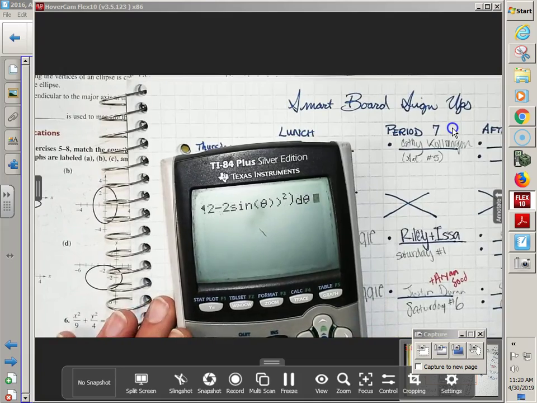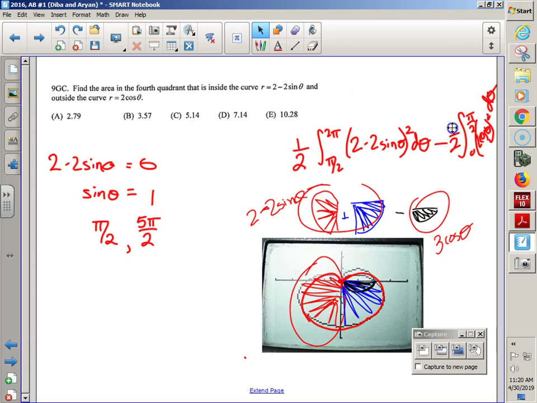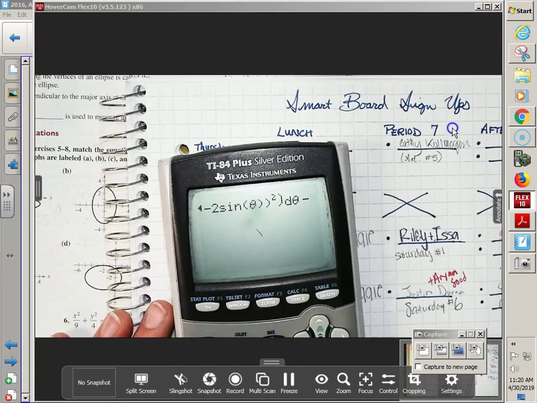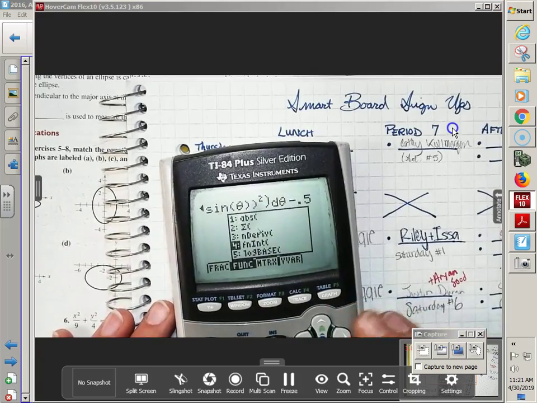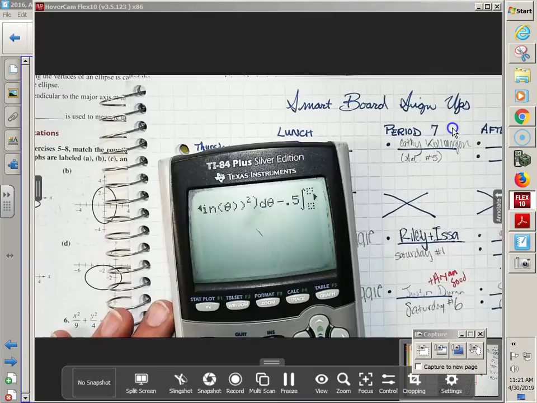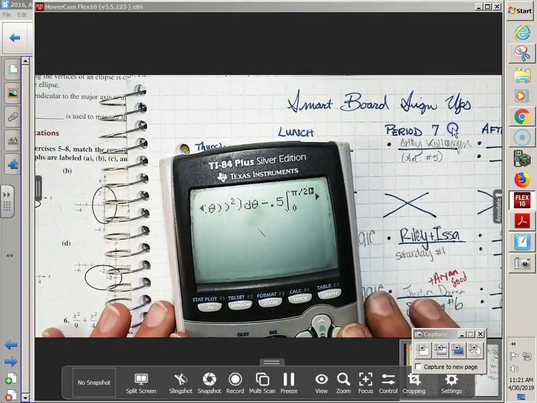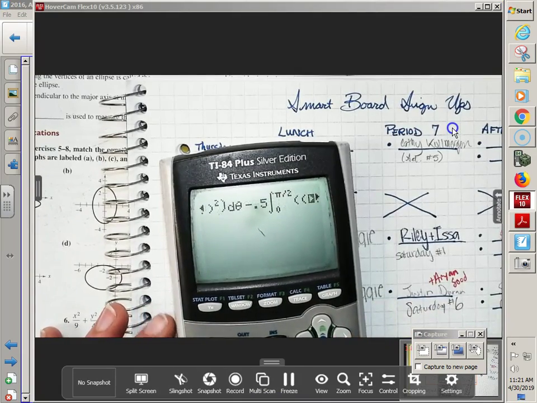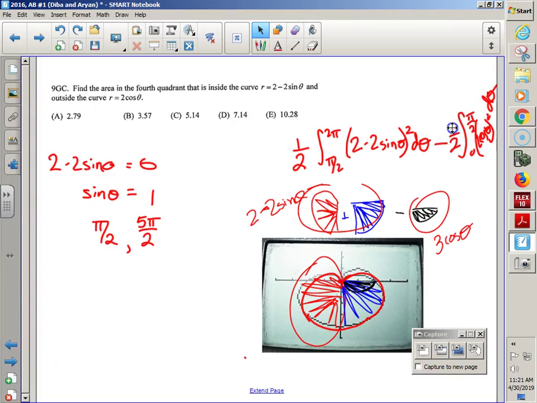D theta. I do it all in one shot, that way I don't mess up something or forget something, especially in multiple choice answers. Then I have a 0.5 times function integrate from 0 to pi over 2 of, careful, parentheses, square everything. It's 2 cosine, right?